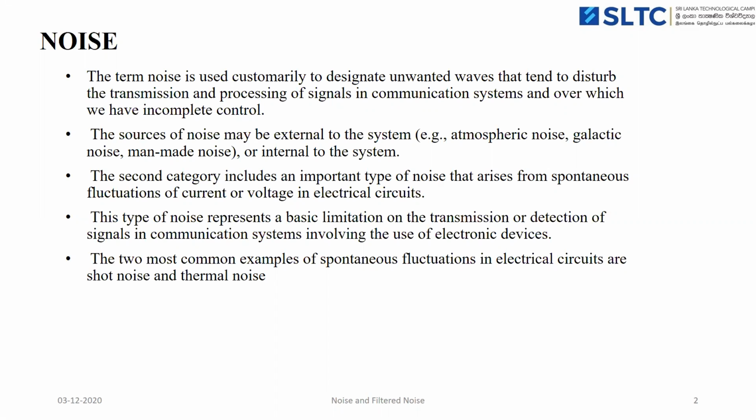The two most common noise components generated inside the system are called shot noise and thermal noise. In this session, we are going to discuss in detail what we mean by shot noise and thermal noise.